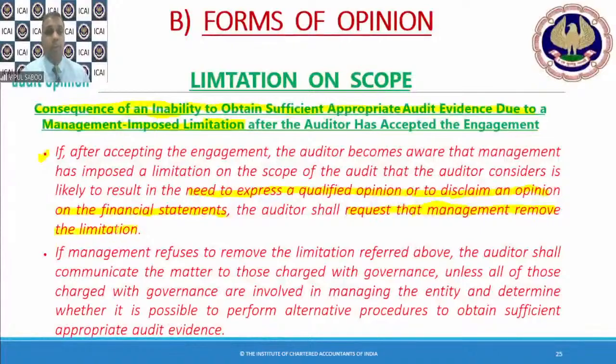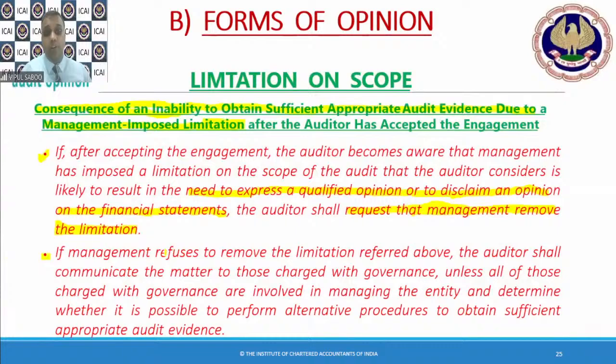So after accepting the engagement, the auditor is doing his audit, and suddenly the management imposes some limitation. Due to that limitation, the auditor feels that it could affect his collection of sufficient appropriate audit evidence, and he might have to express a qualified opinion or disclaim his opinion. So he will ask the management, please remove this limitation, let me do my work accordingly.